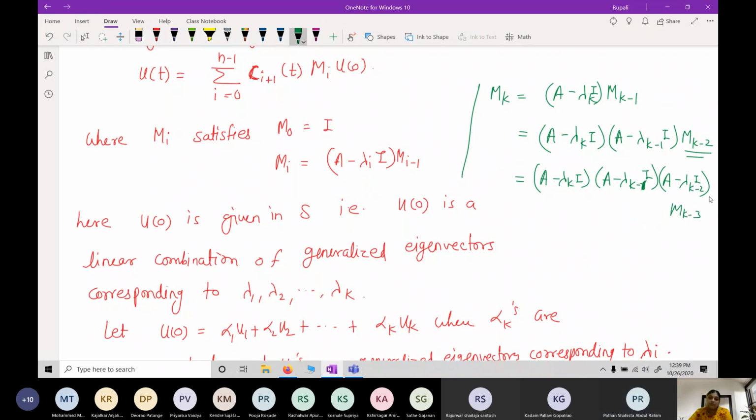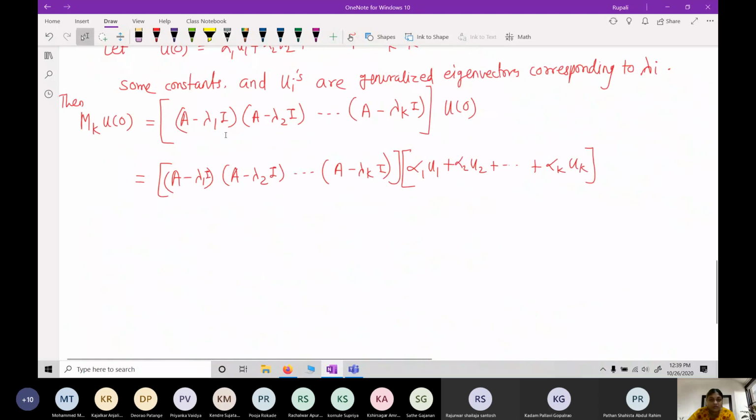If I go on repeating up to M0, it means A minus lambda k, A minus lambda_{k-1}, up to A minus lambda 1 times I. Is that okay? So I have written M_k like this.